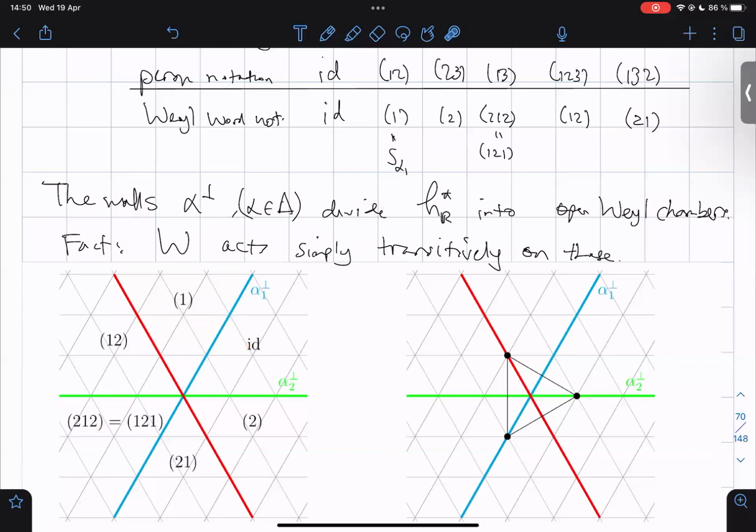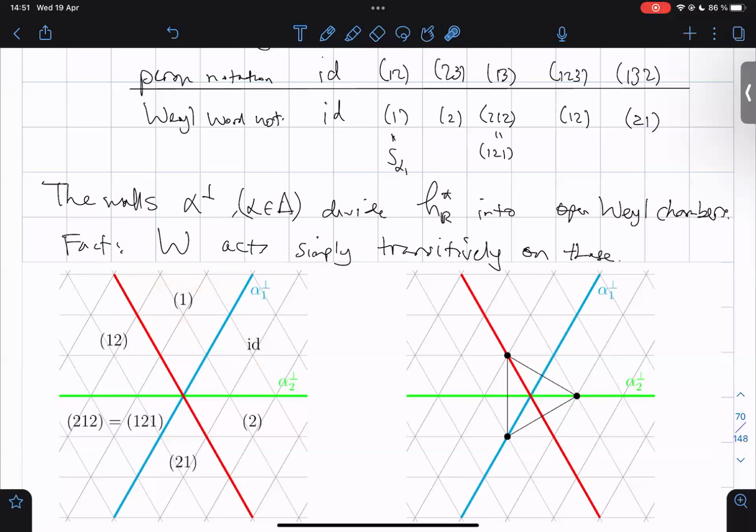So the number of chambers is exactly the same as the size of the Weyl group.